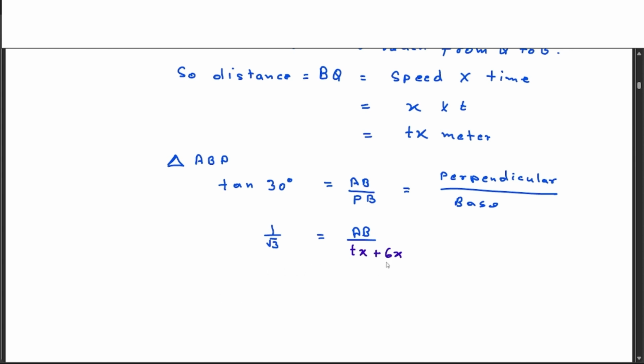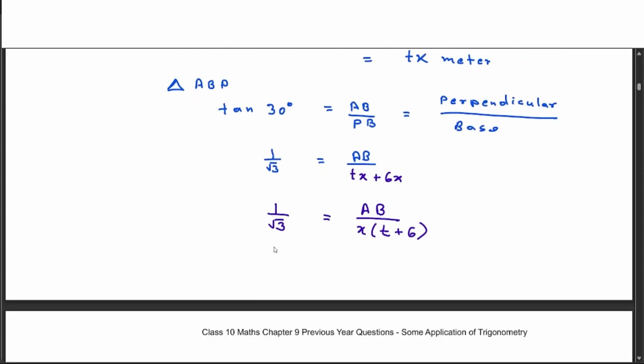In both, x is common, so 1 over root 3 is equal to AB over x times t plus 6. Now we do the cross multiplication, so you will get AB is equal to x times t plus 6 over root 3.